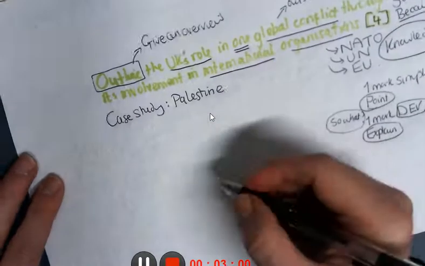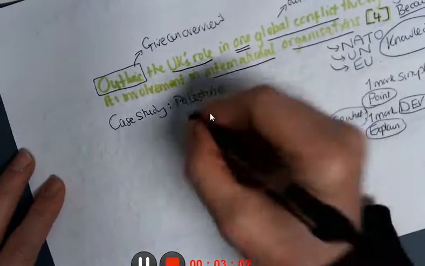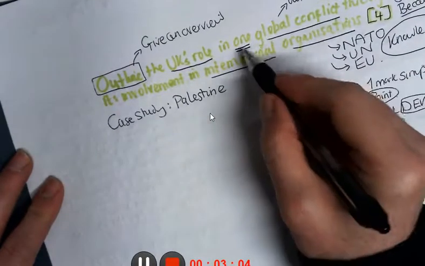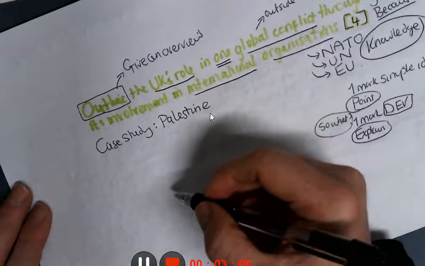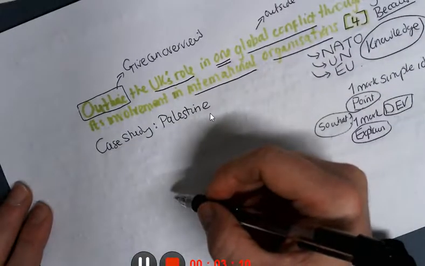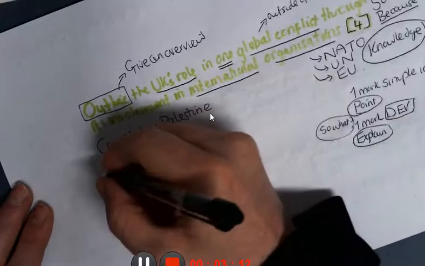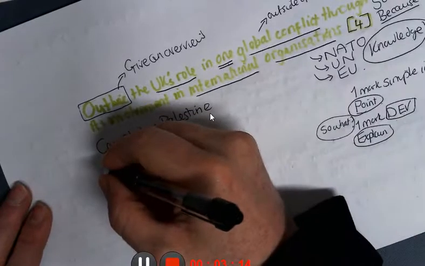So our case study is Palestine. We are only going to use Palestine because it is asking for 1 global conflict. So a lot of you got these first points, although some of you didn't even use the model 2 markers that I gave you originally.